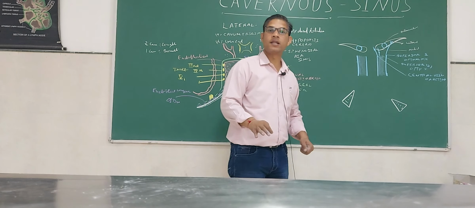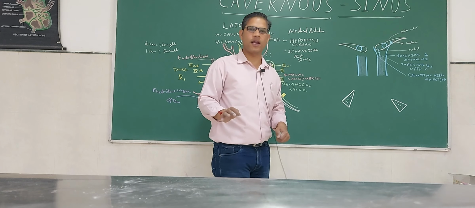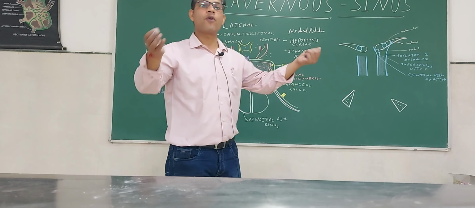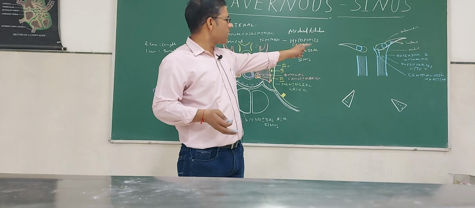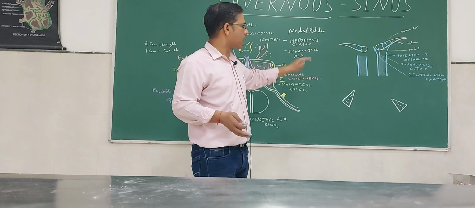Three important veins: the superior ophthalmic vein, the inferior ophthalmic vein, and the central vein of the retina. The superior and inferior ophthalmic veins drain the outer environment of the orbit, and the central retinal vein drains the retina.